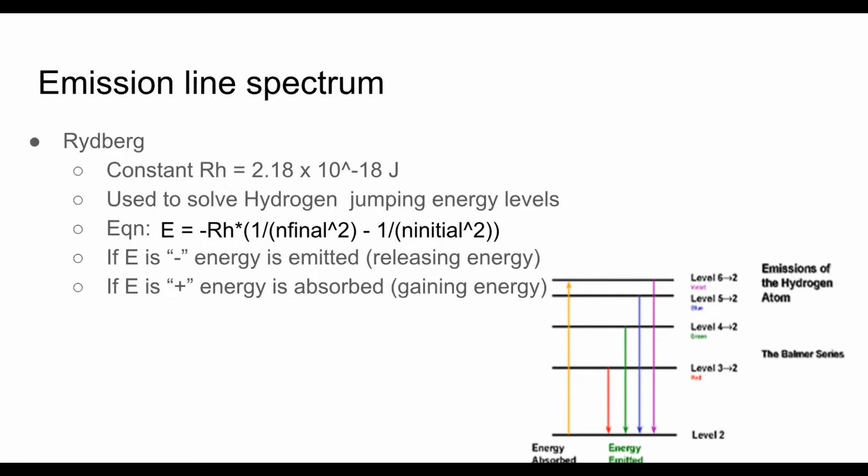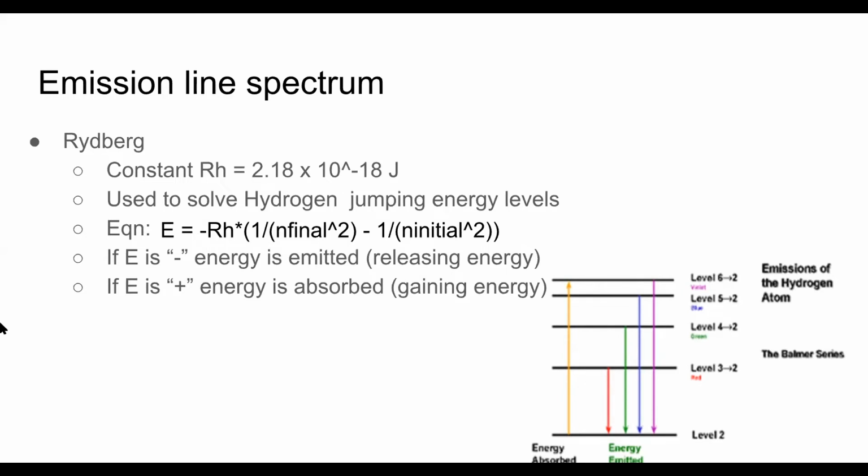It's like jumping up and back, with energy levels. It takes a certain amount of energy for hydrogen to jump up, and a certain amount for it to jump back down. Also note that if energy is negative, that means it's releasing energy, and if energy is positive, that means energy is being gained or absorbed.